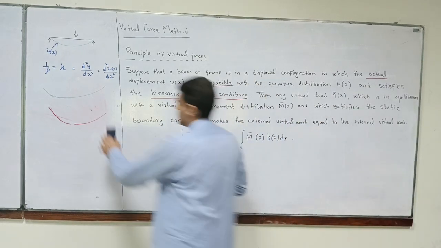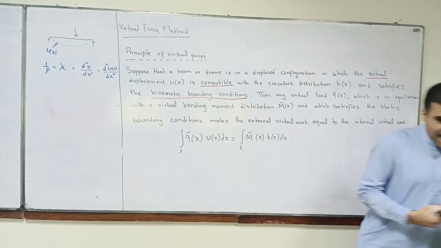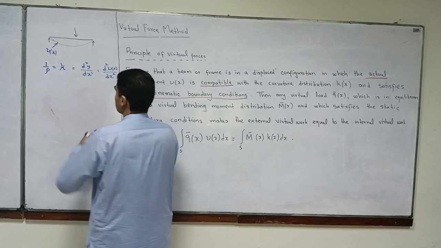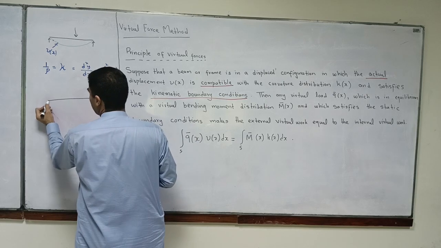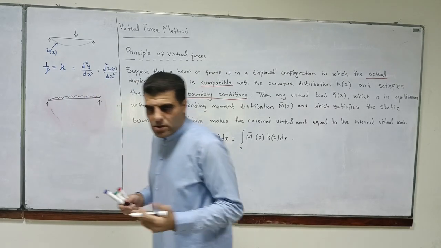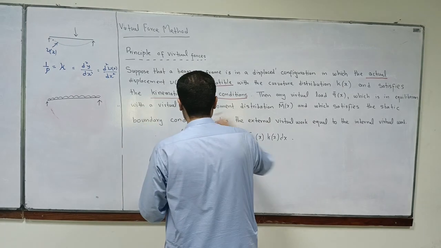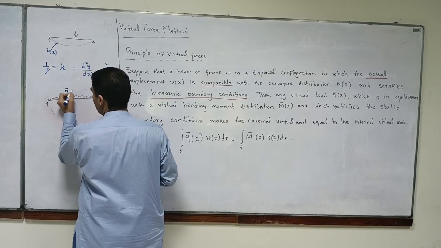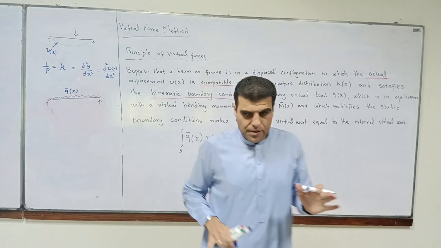In other words, imagine I take another beam and subject it to a UDL. Yeah? So this I call, for example, Q bar x. Okay? So this is a Q bar. Why? Because now this is a virtual beam. Q bar is a virtual beam.